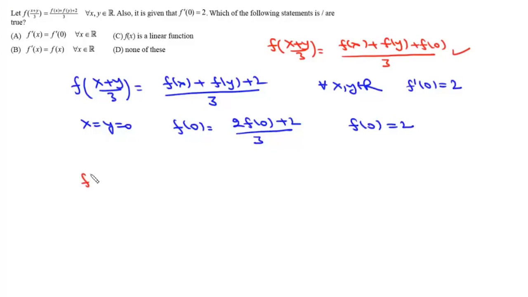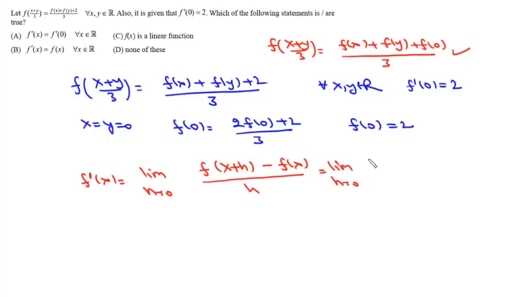Now we'll write f dash x as this limit h tends to 0 of f x plus h minus fx upon h. Now we can write fx plus h as this limit h tends to 0 f of 3x plus 3h by 3 minus f of 3x plus 0 by 3 whole divided by h.